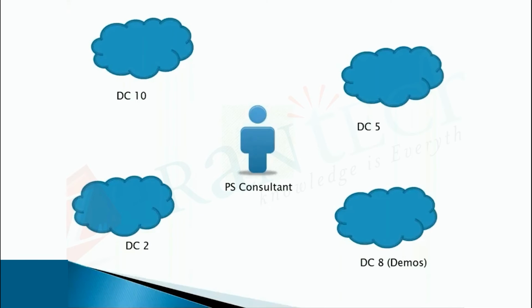Before that, you just have to be aware of one more thing, guys. If you see the pictorial representation here on the screen, as I've told you, SuccessFactors currently has around 12 data centers across the globe. Say the customer you are working on has their server in data center 10, so they are allocated data center number 10.